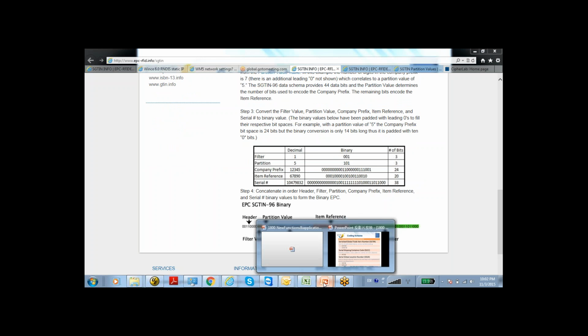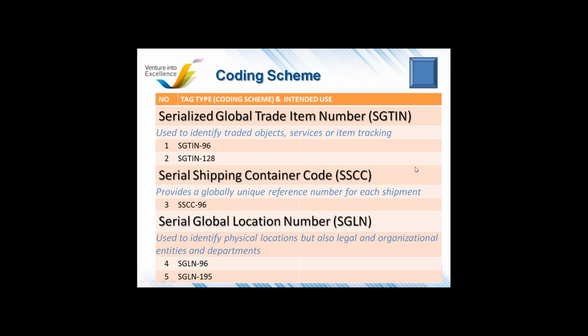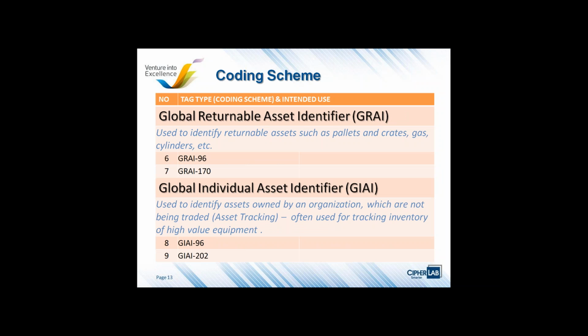Okay, so let us go back to the slide. If you want to use it on shipping, you have to change to another scheme. You have to change to SSCC. And the returnable asset identifier is often used on gates and outlets.